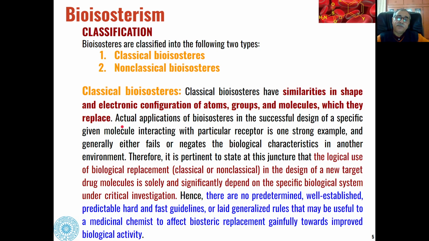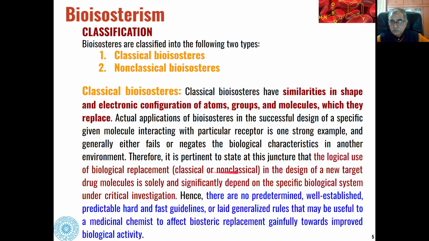So for example, if we have two compounds, and in one of the compounds only one group is replaced by another group which has the same electronic configuration as the atom, groups or molecules replaced, and their structure, their shape, also remains almost the same, then such compounds will be called classical bioisosteres.